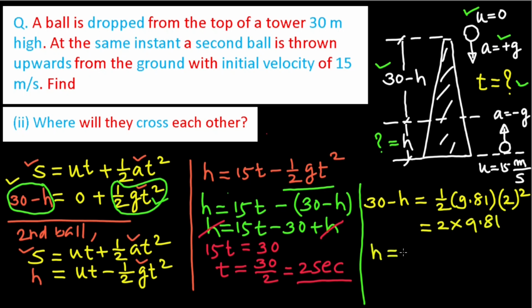So h will be 30 minus 19.62, which gives us height where the two balls cross each other h as 10.38 meter.